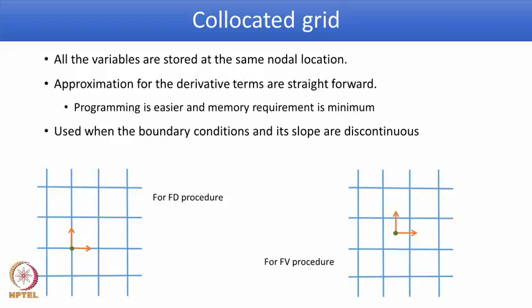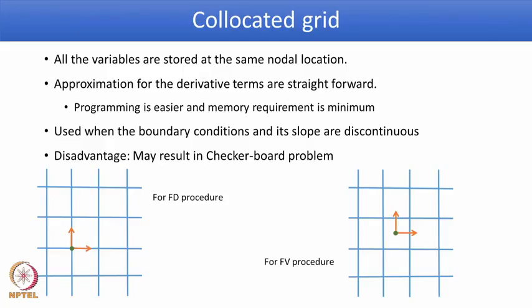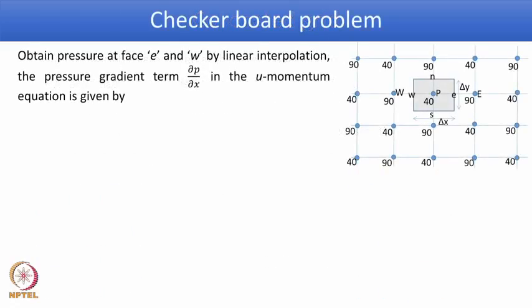So, this co-located arrangement of variables is extremely helpful when the boundary condition as well as its slope is discontinuous. Like any other method, this also has some disadvantage, what is known as the checkerboard problem. In the next slide, we will explain what the checkerboard problem is.